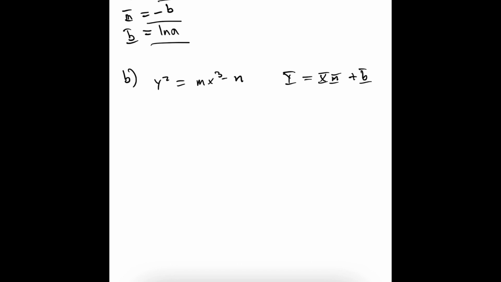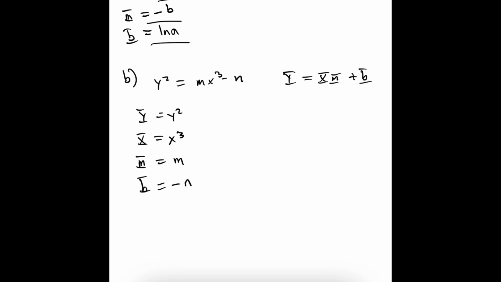So we'd say y equals y squared, x equals x to the third, m equals m, and b equals minus n. Okay? And that is our equation for the line.